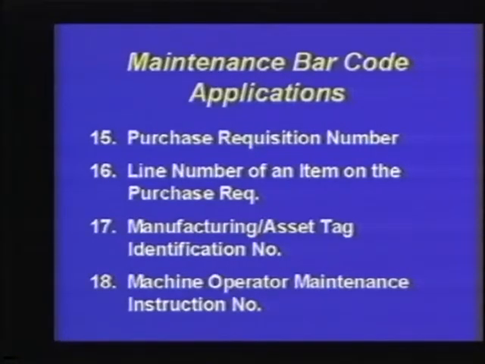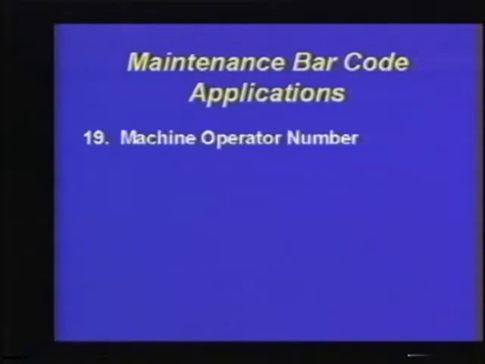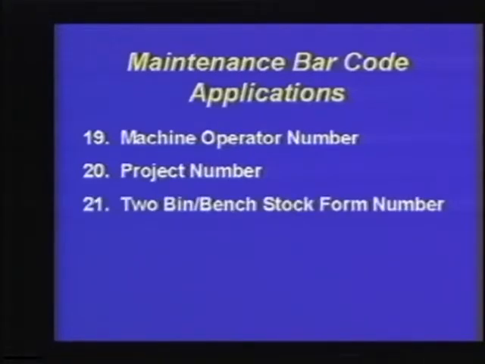We would have, by the support of machine operators, 19 as the machine operator number. Now where we would have projects, we would identify that through item 20 as project numbers. Then 21, we've addressed this in section 4, which is the two-bin or the bench stock form number.